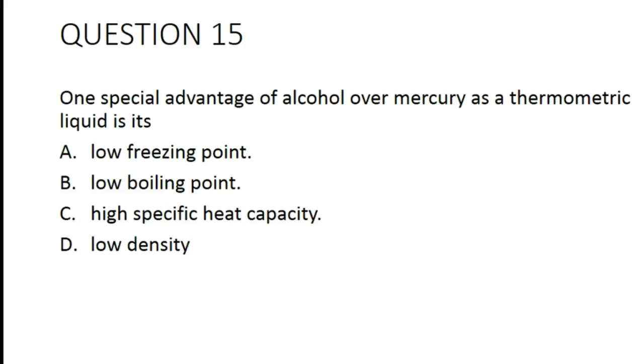The right option here is option D. The advantage of alcohol over mercury as a thermometric liquid is its low density.